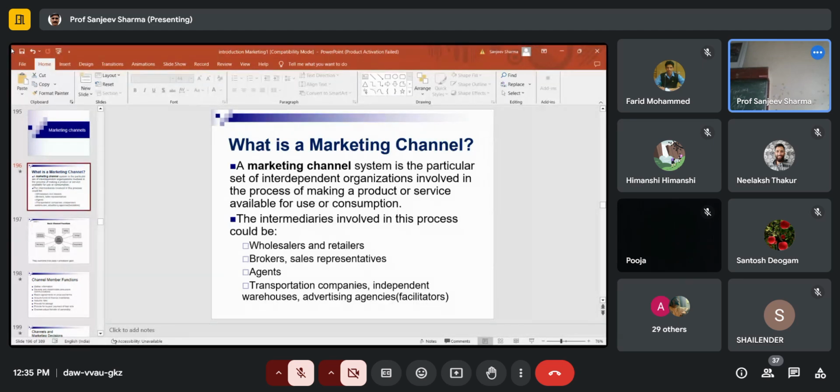The company gives it to the wholesaler, and the wholesaler sells it to the retailer. So that means the wholesaler is an extension of the company. The wholesaler does not own the goods, so title remains with the company. How does the wholesaler operate?